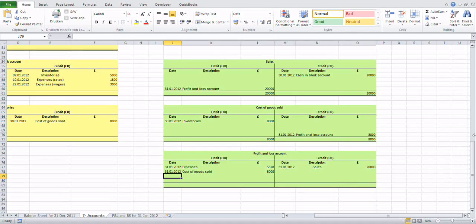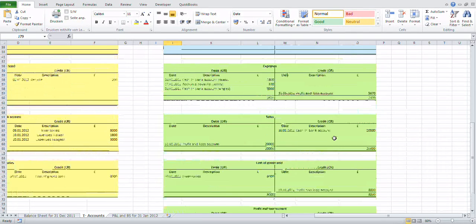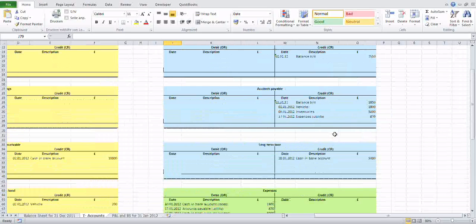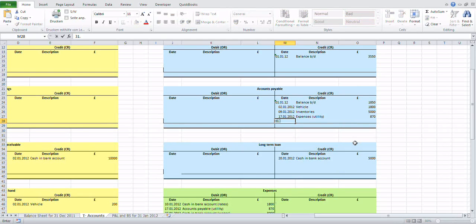So let's go to the accounts payable, right here. 31st of January 2012. Profit and loss account. Let's make sure to say this is tax. Now how is this going to be calculated?